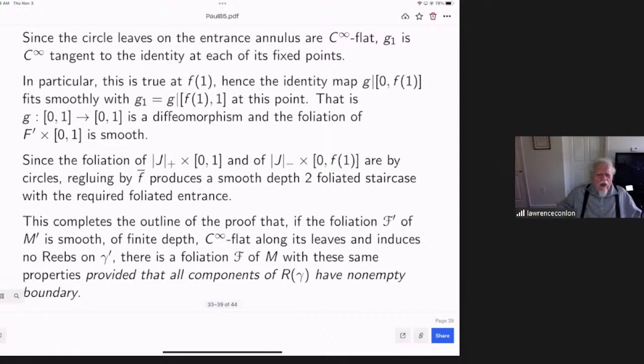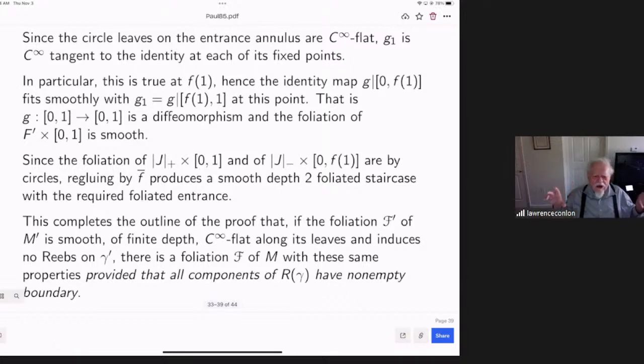I think I've said everything that needs to be said. The re-gluing produces a staircase so that the entrance is foliated by the appropriate collection of circles and spirals.